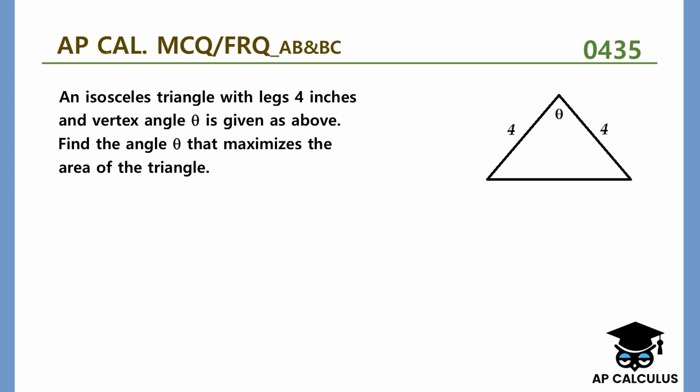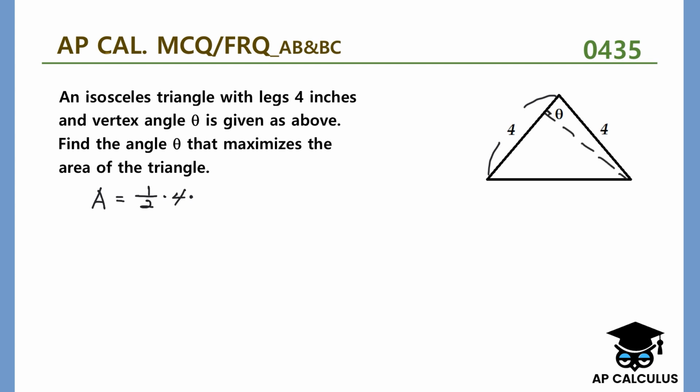So we're going to have to write the equation of the area of the triangle. Area of the triangle is always equal to 1/2 times base times height. And we're going to let this side be the base of this triangle. So base times height would be from here to here, right?